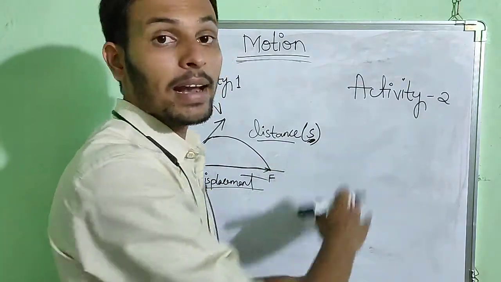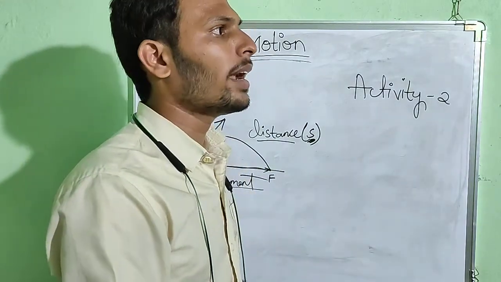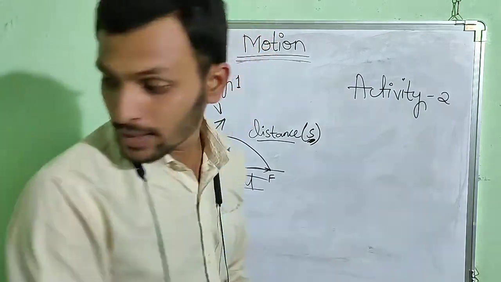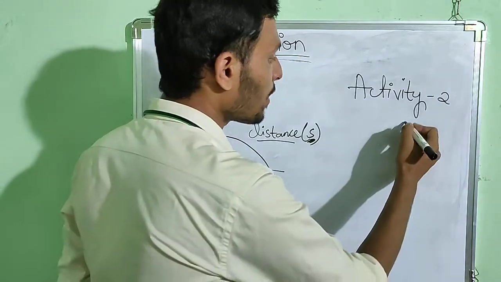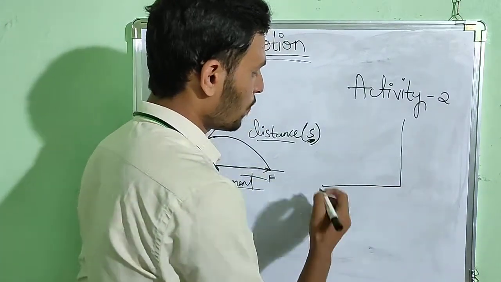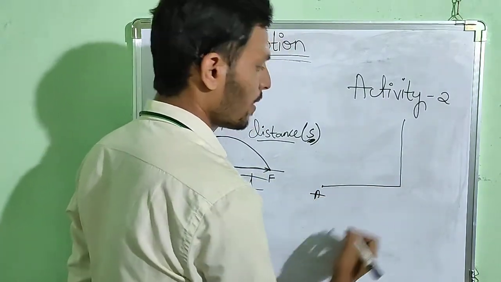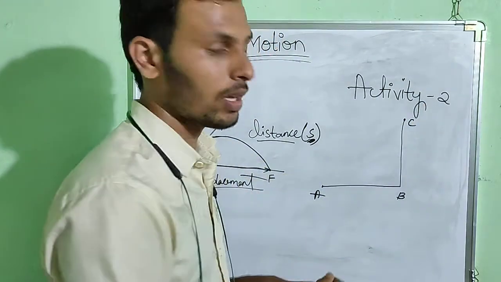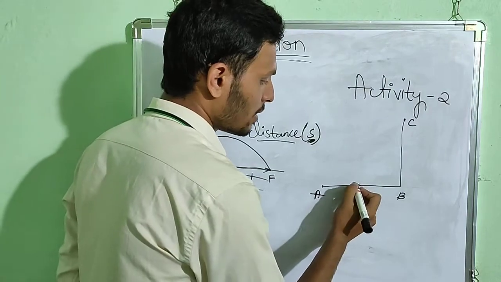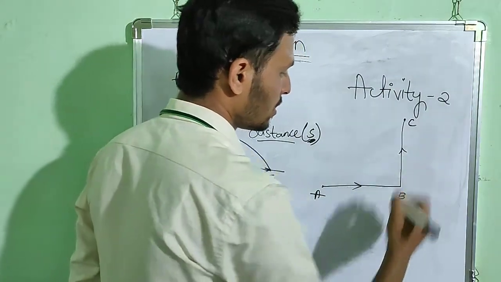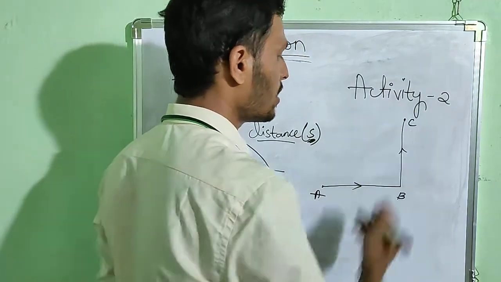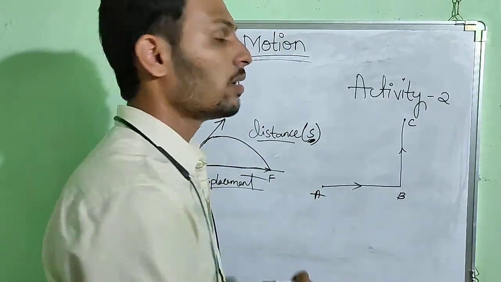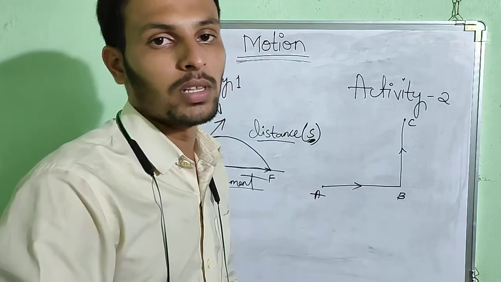Now our second activity is to find the displacement. Let us consider this figure: this is my initial point A, this is my point B, and this is my final point C. Let us consider this is the distance. Now how should I draw the displacement?